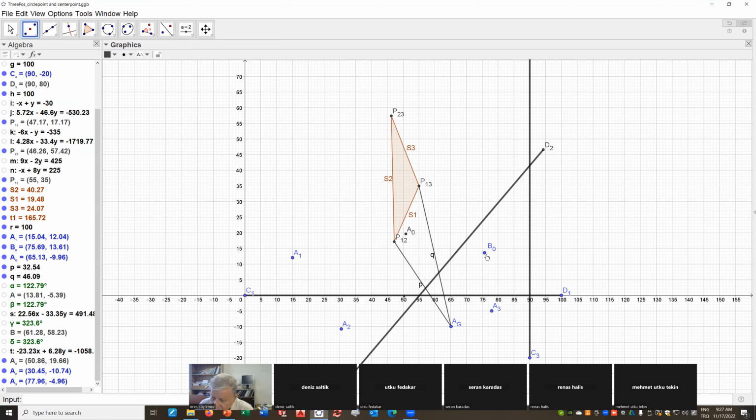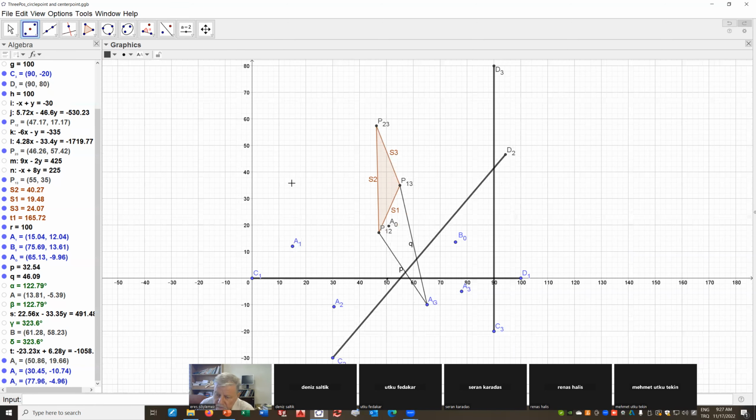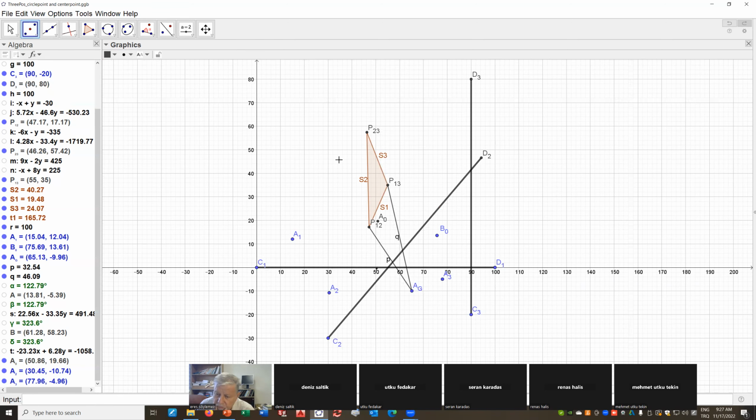let us see B0. Let me repeat and then I'll show you something else. Let me hide these lines because I have completed determining A0.